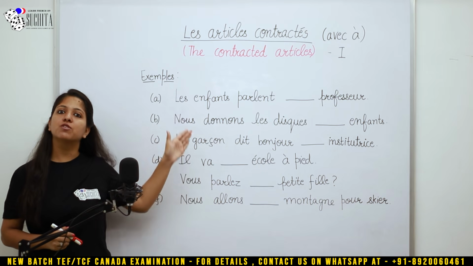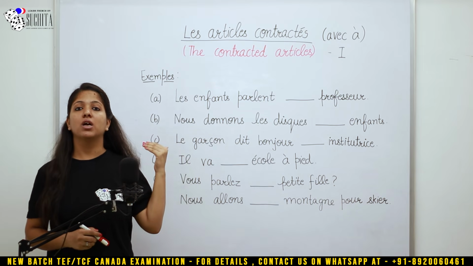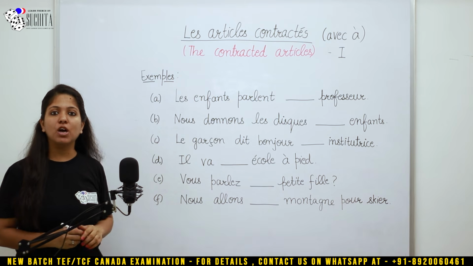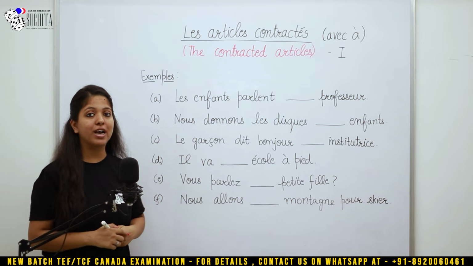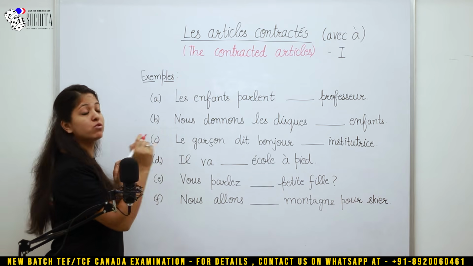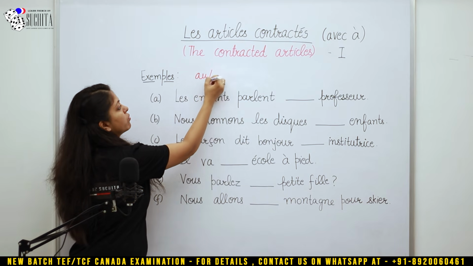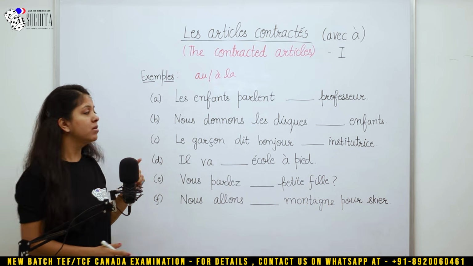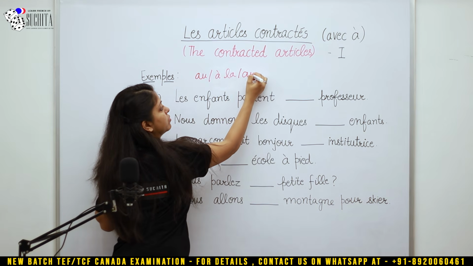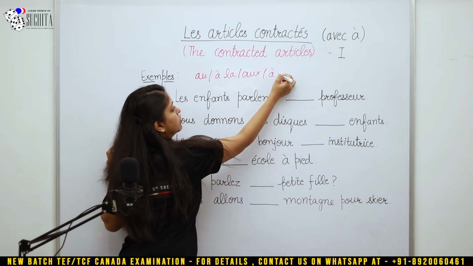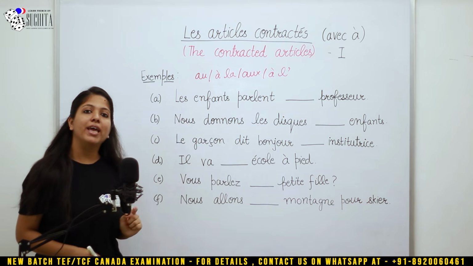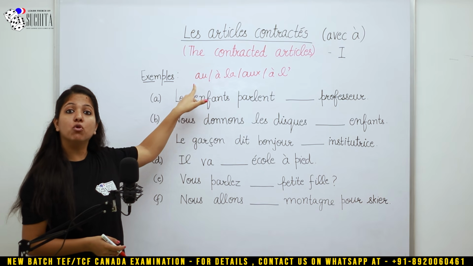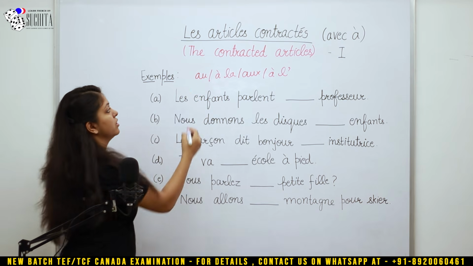Okay, so here I have written certain examples where we are going to apply les articles contractés avec à. So just now I told you, you have four articles contractés avec à: au, à la, aux et à l'. Au vous utilisez pour masculin singulier.